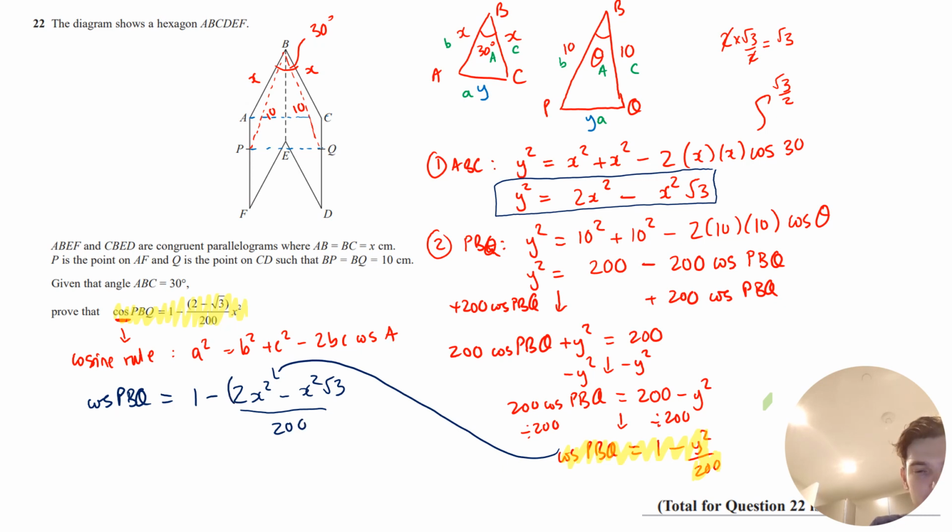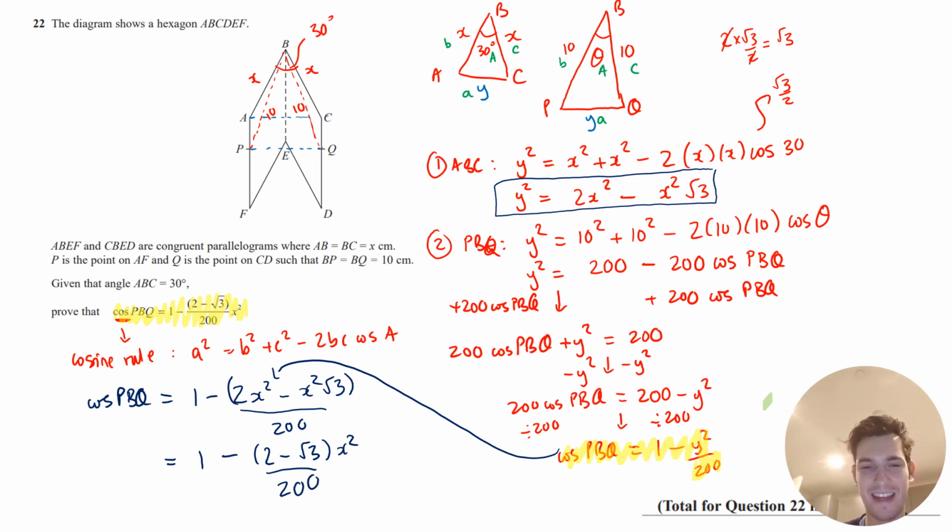And I need to put this in brackets there. And I'm almost there, actually. I just need to do one more step of my working, which is 1 minus, and it looks like my 2 minus root 3 are in brackets, because I can factorize out an x squared over 200. Okay, so that is actually it.